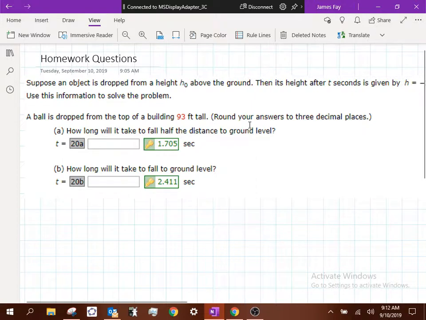It says a ball is dropped from the top of a building that's 93 feet tall. Round your answers to 3 decimal places. They want to know how long it will take the ball to fall half the distance to the ground.